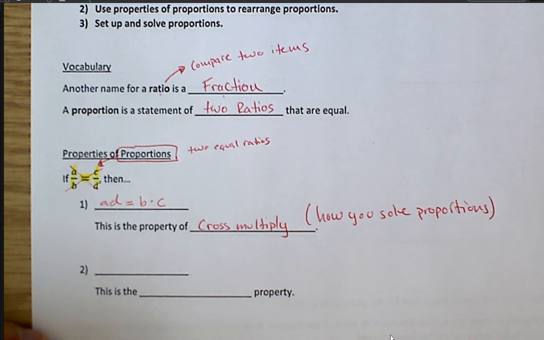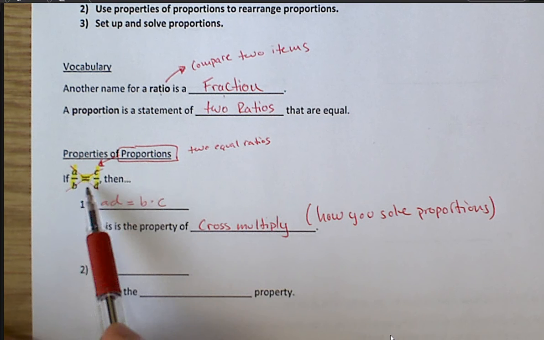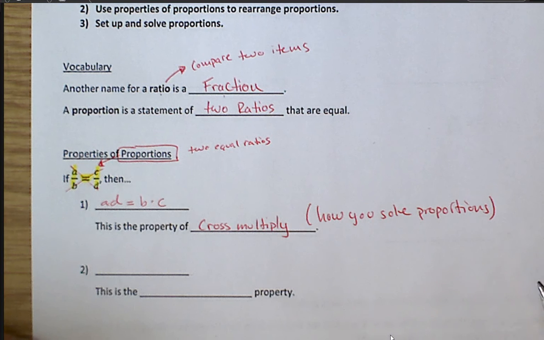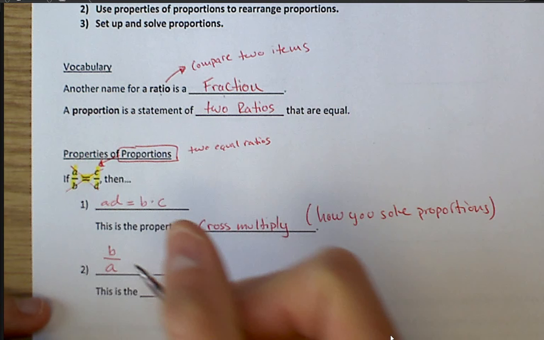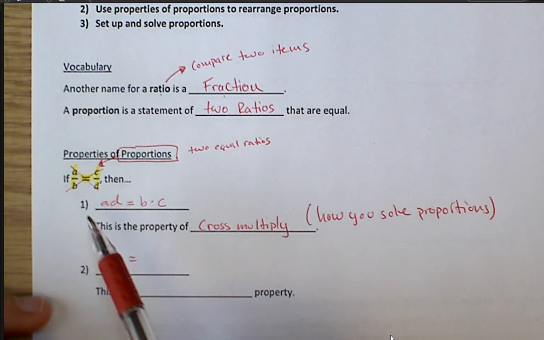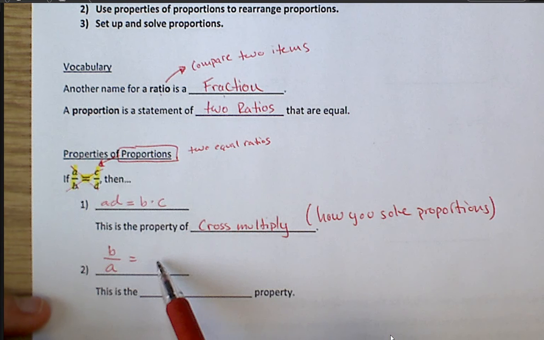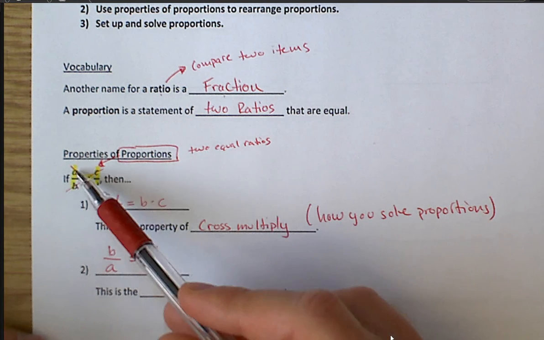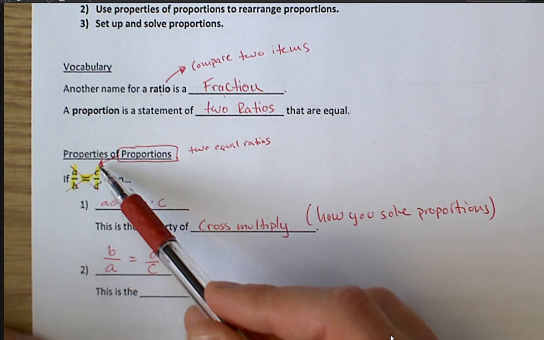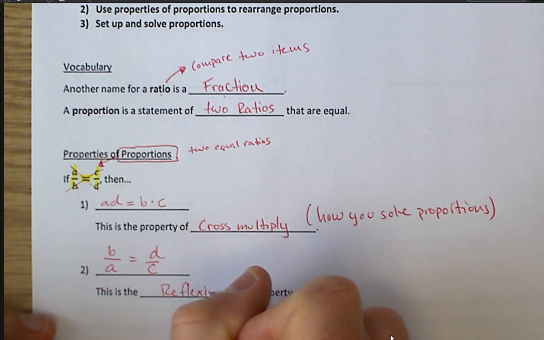Now, what I'm going to show you here is just a rearrangement of this proportion to still get what we want. I'm just going to give you an example of B over A. All I'm doing is flipping this B with this A. If I go B over A, what do you think the right side has to be? It has to be D over C. So whatever you do here, if I flipped A and B, I'd flip B and C. That's the reflexive property.